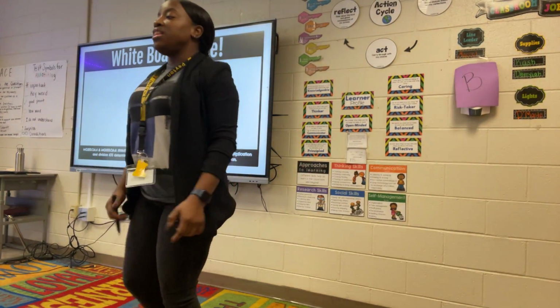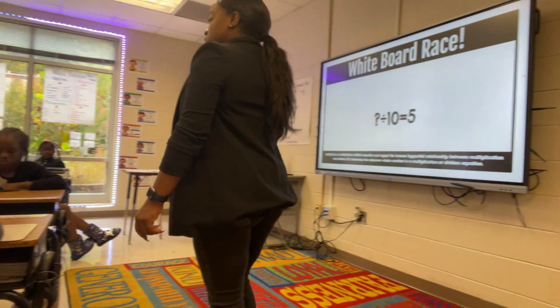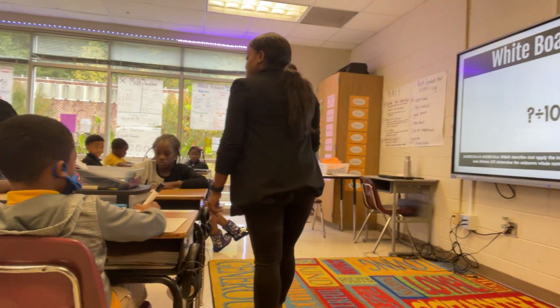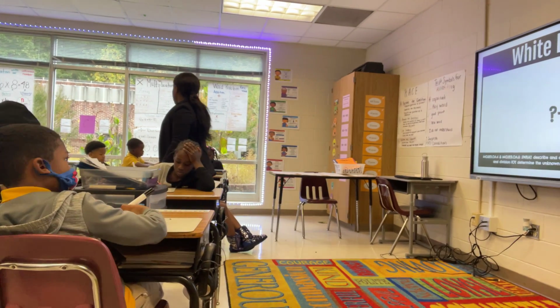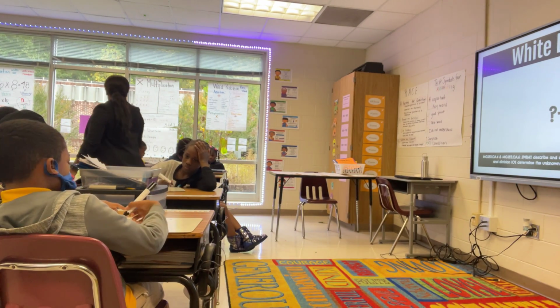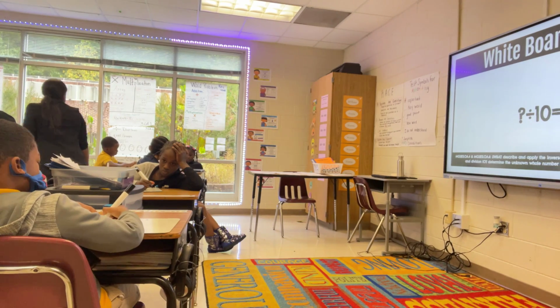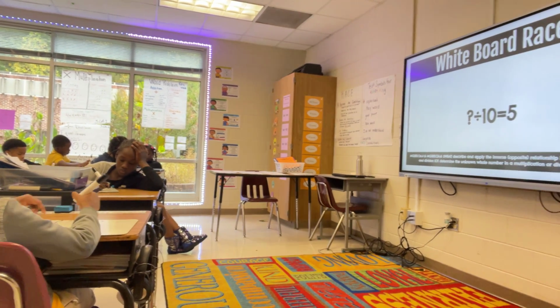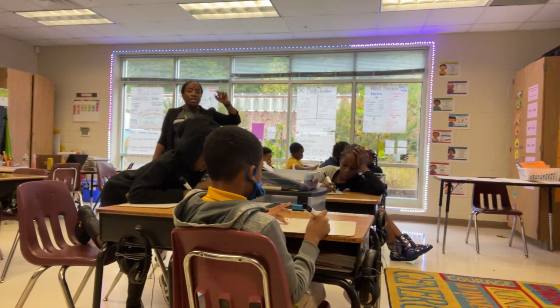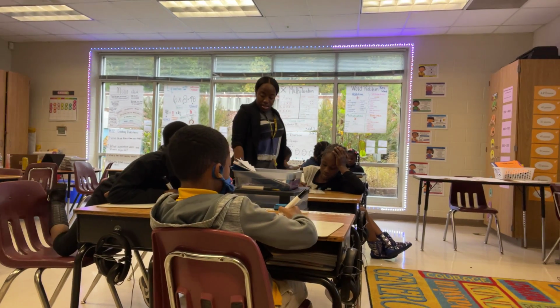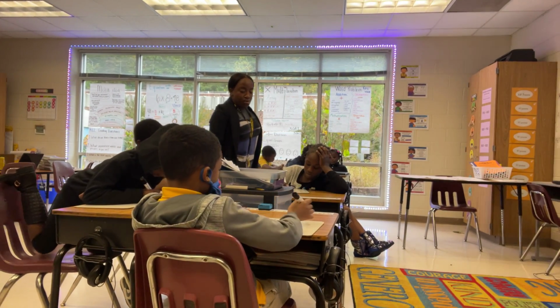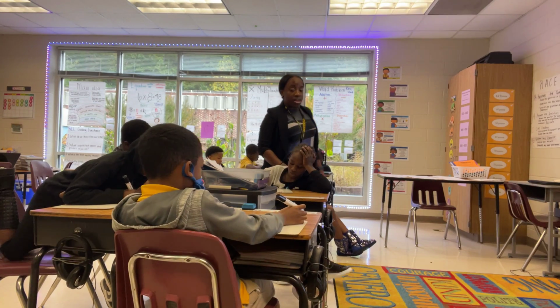I am applying the inverse operation of division. When I apply the inverse operation of division, I should what? Multiply. So when you are multiplying, you are using those multiplication strategies to find your answer.